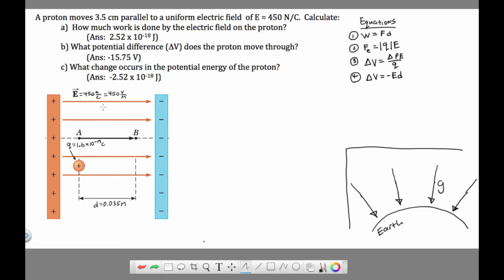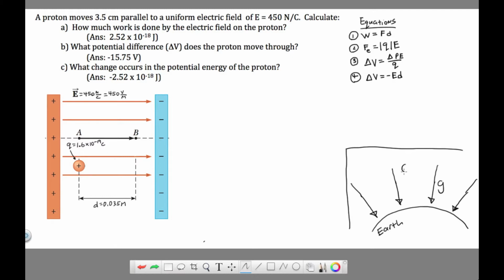The first question is, if the proton moves 3.5 centimeters, which is 0.035 meters, what is the work done by the electric field? So what I want to do is come over here. I have the Earth with the gravitational field shown. What happens in an electric field is remarkably similar to what happens in a gravitational field.